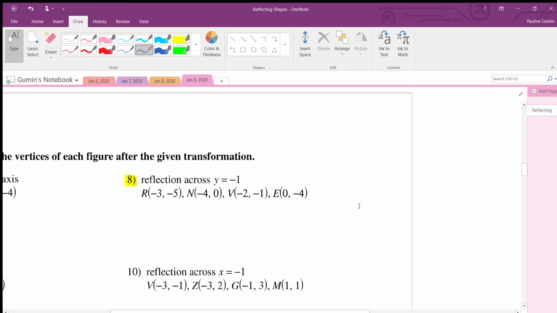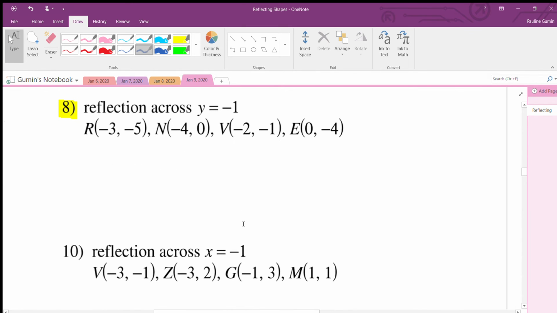Okay, what do we have here? This time we are not given a graph. Okay, so let's think about it algebraically. So, if I'm reflecting across the line y equals -1, what's going to change?